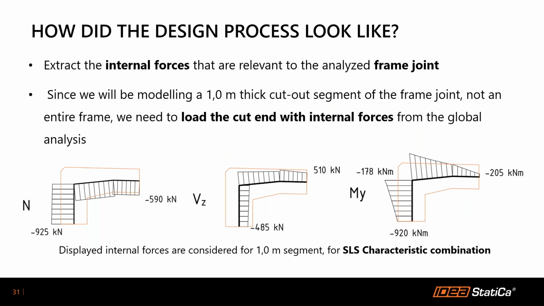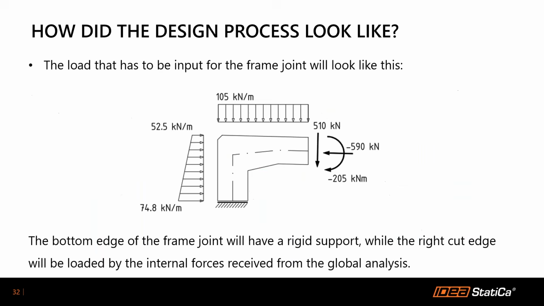So we will need to load the cut end with internal forces from the global analysis. Now I'm talking about this right edge that is basically cut out of the structure. The bottom edge will be supported in our model in IDEA StatiCa Detail by a rigid support. The displayed internal forces that you can see here are considered in characteristic values for the 1 meter thick segment.